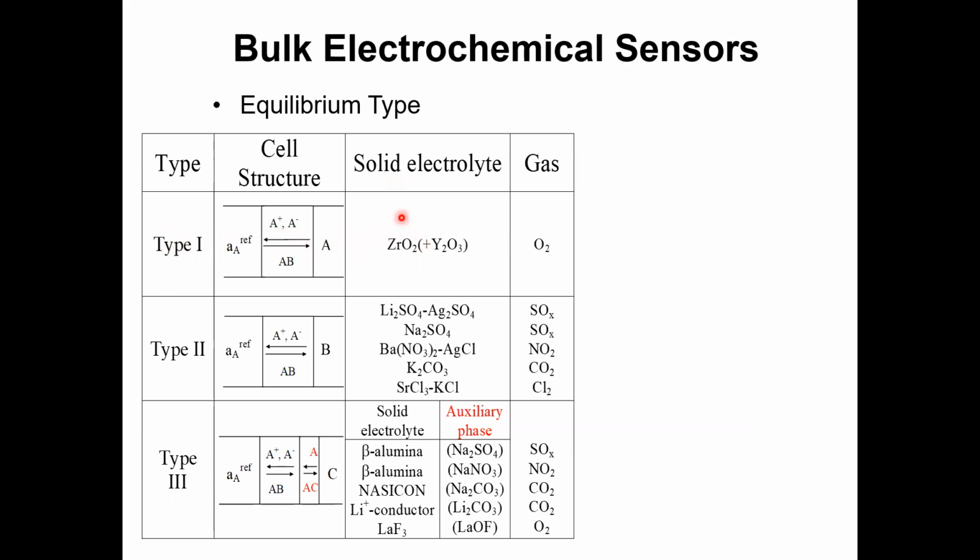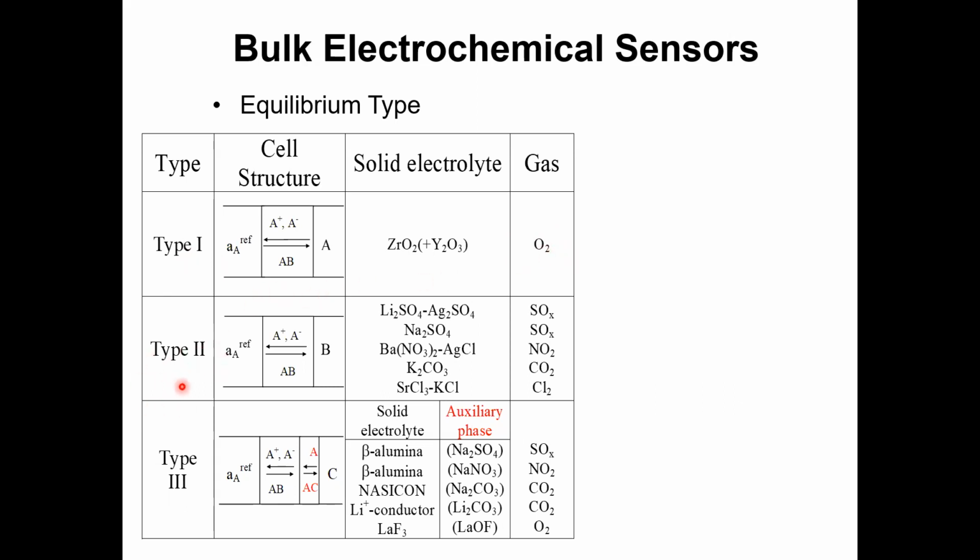For example, you can use yttria-stabilized zirconia, which is an oxygen ion conductor. The transporting species is oxygen, and you're trying to detect oxygen. So this is direct coupling. The detecting environment couples directly with the transporting species, and hence type 1 is inherently selective.